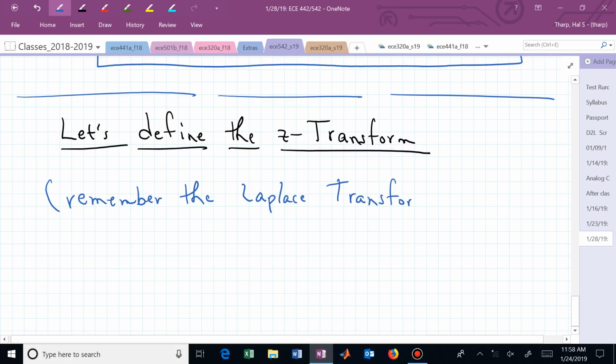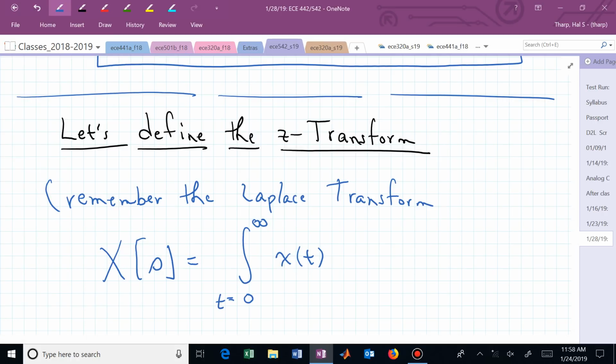If we remember the Laplace transform, what did that look like? That was the frequency domain version of a Laplace transformed waveform we would call capital X of s. Well, that was found by taking this integral, and let's just look at the one-sided integral for now. From 0 to infinity, that's when t is equal to 0 and going up to infinity. Here's our time domain waveform. So we have this waveform available to us from 0 all the way up to infinity.